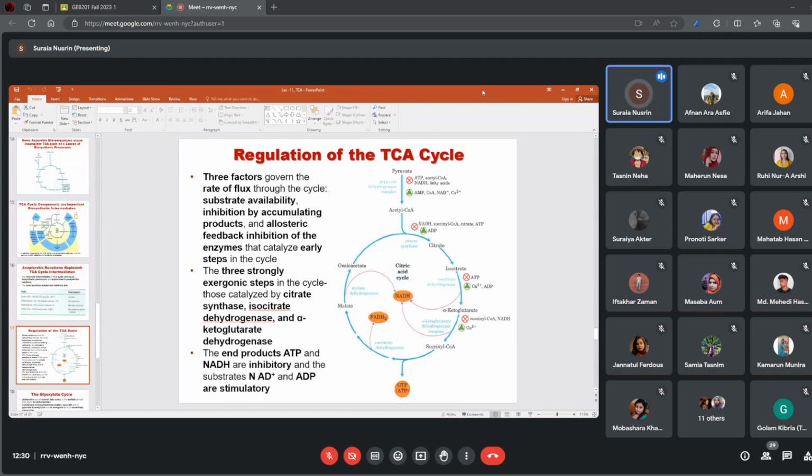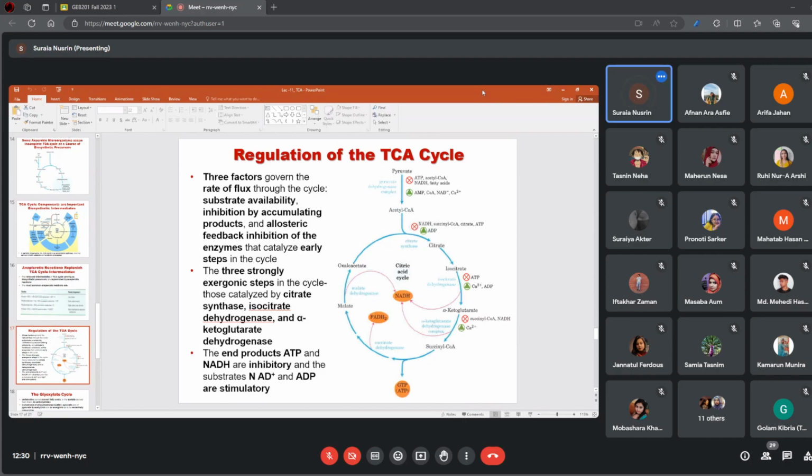Then inhibition by accumulating products, that means if there are more products, then there is no need of the cycle operation. And then there is the allosteric feedback inhibition of the enzymes, the allosteric regulation of the enzyme. These enzymes usually are involved in the early steps of the cycle.